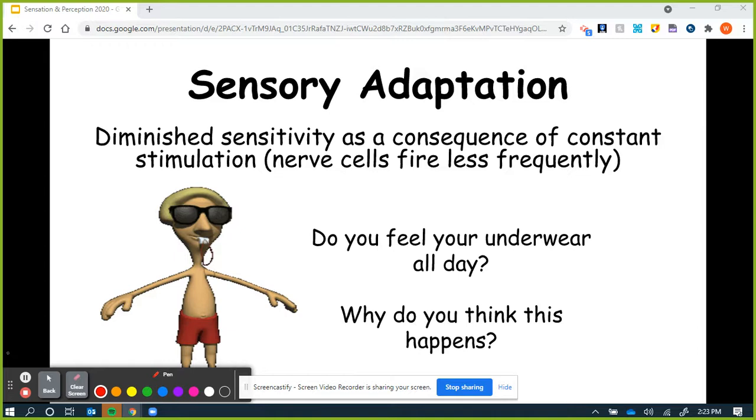Eventually they just tune it out. Think of your masks, especially people in person. Most of the day, you probably don't even notice that you have a mask on, because you've adapted to it.